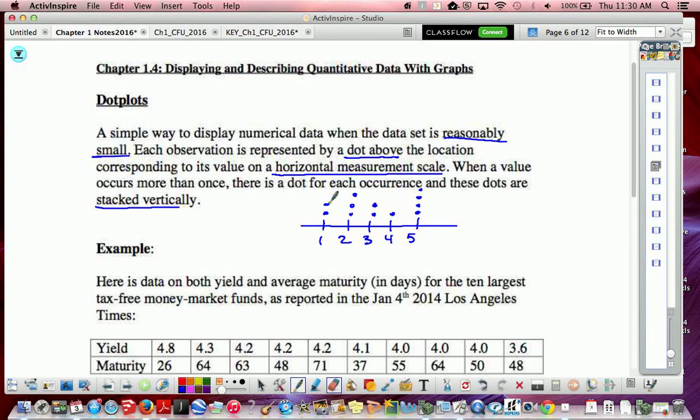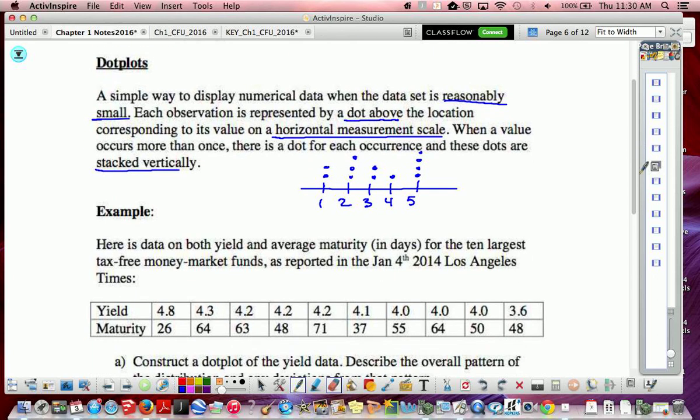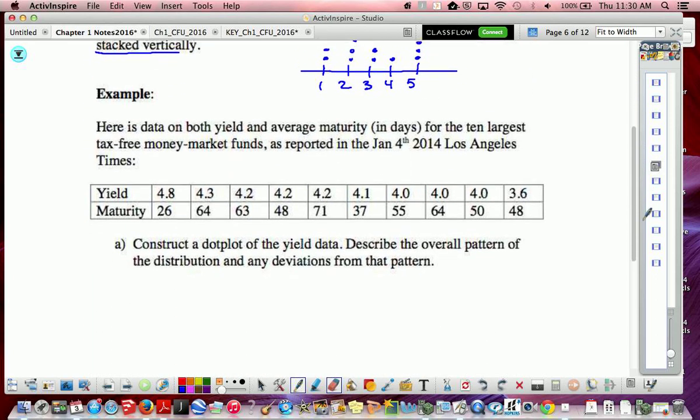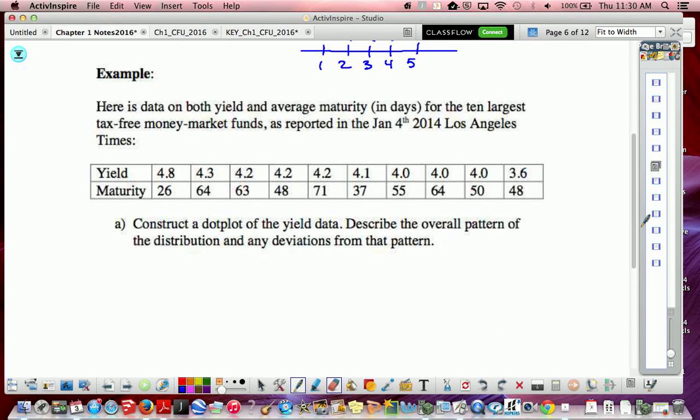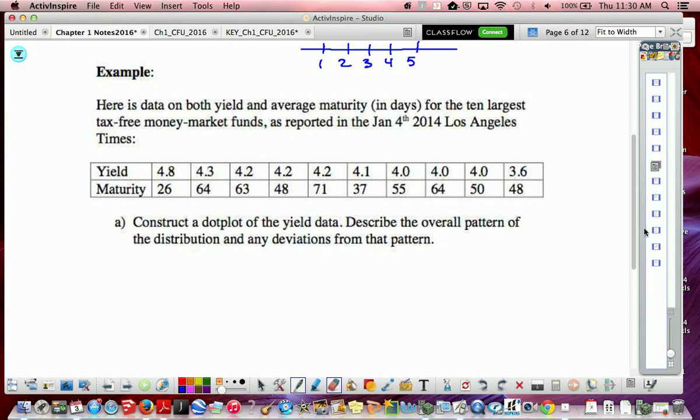Okay, so just to get practice on doing a dot plot, let's take a look at what we have going on here. In this example, it says, here's the data on both yield and average maturity in days for the 10 largest tax-free money market funds, as reported in the January 4th, 2014 Los Angeles Times.